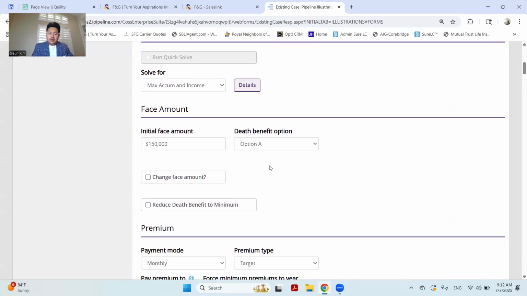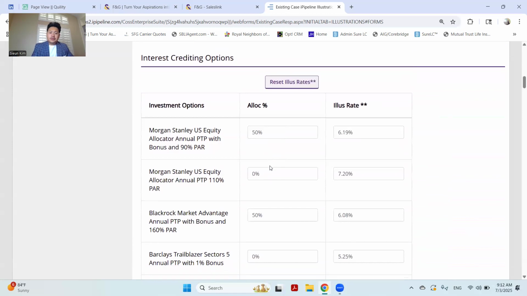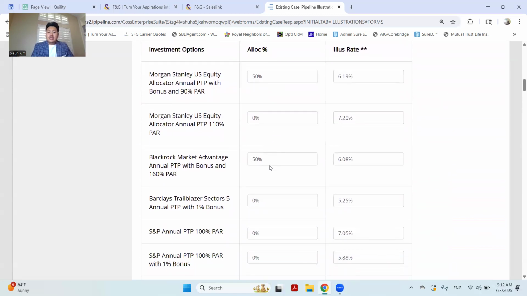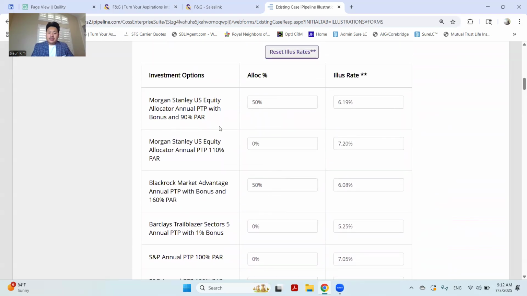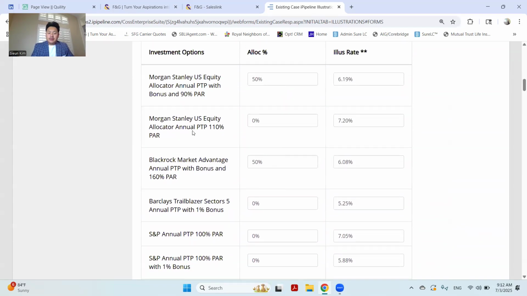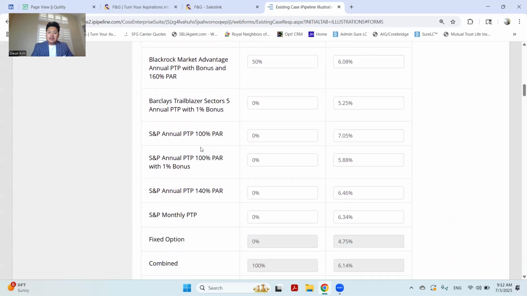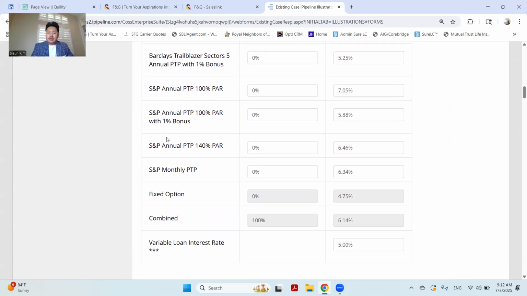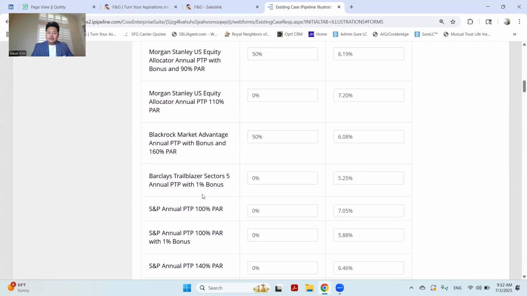There's nothing you need to do here for now. You go down to the interest crediting options. There are a variety of investment options, right? Morgan Stanley with a different participation, BlackRock, Barclays, S&P 500, all their S&P 500 options.